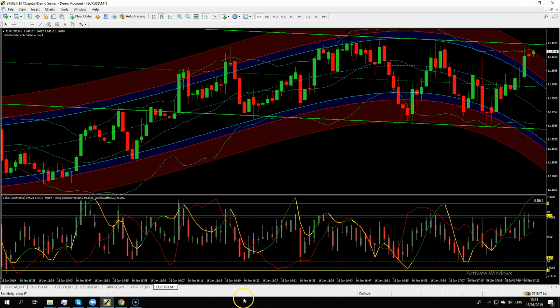So now the next thing that's important is to add in what we call the Fibonacci's, and I'll do that now, then I'll explain what they are.